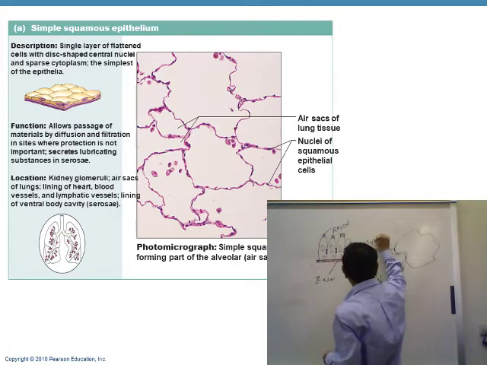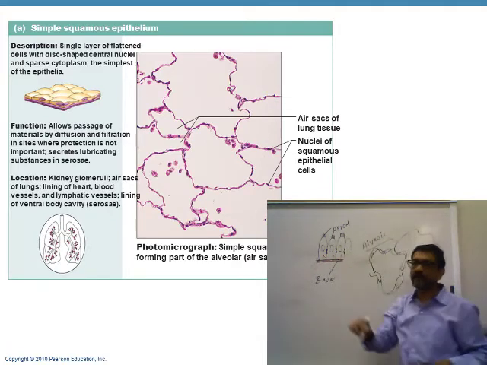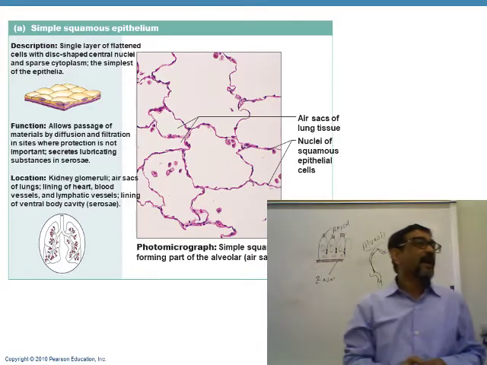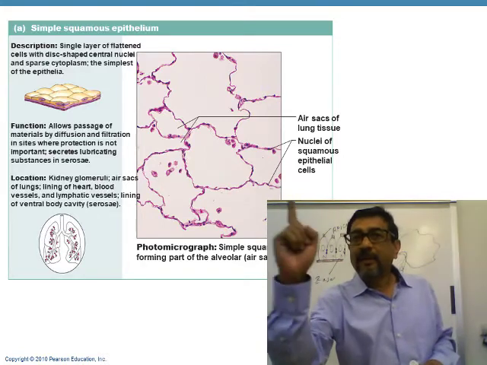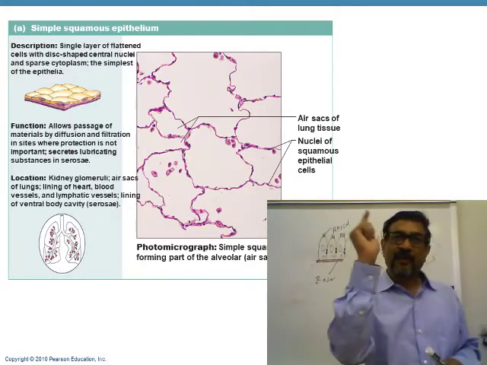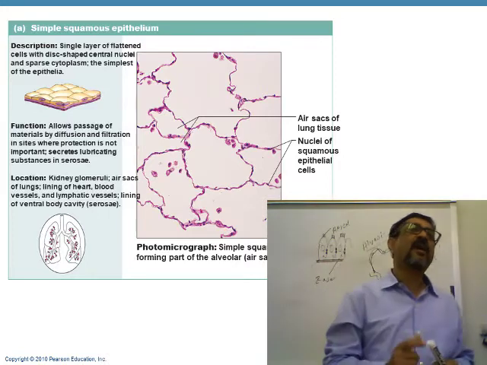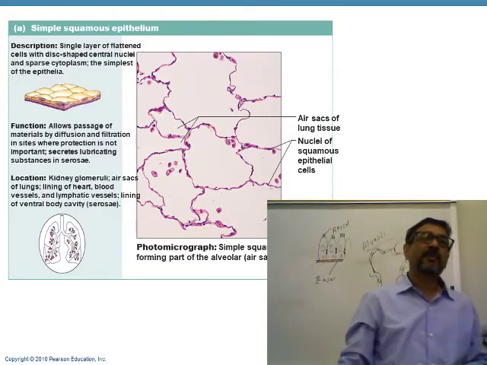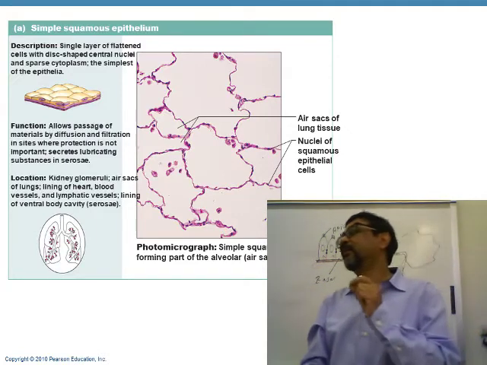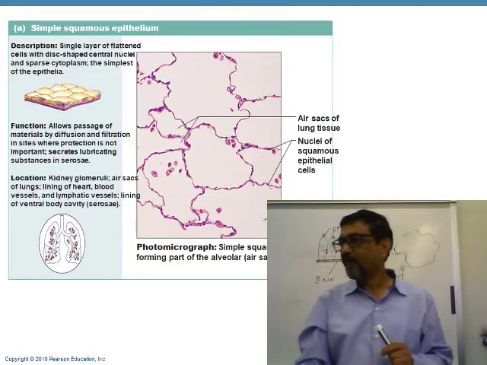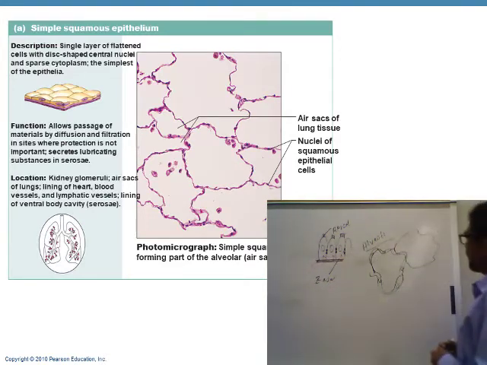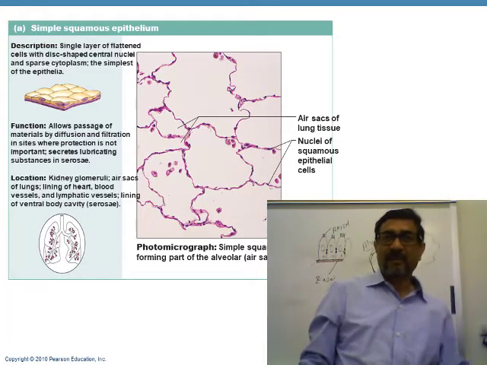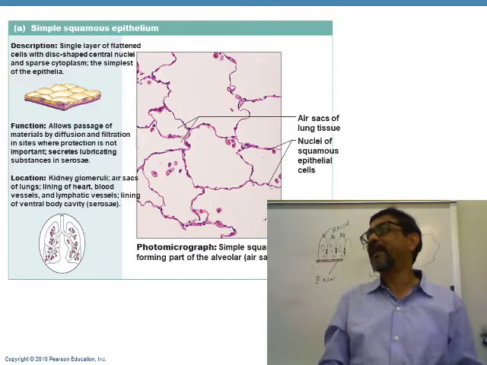The alveoli of the lung, inside the lung you have the air sacs. Then the inner surface of the blood vessels and heart. So inner surface of the blood vessels and the heart. And then another structure, capillary wall. In the wall of a capillary.